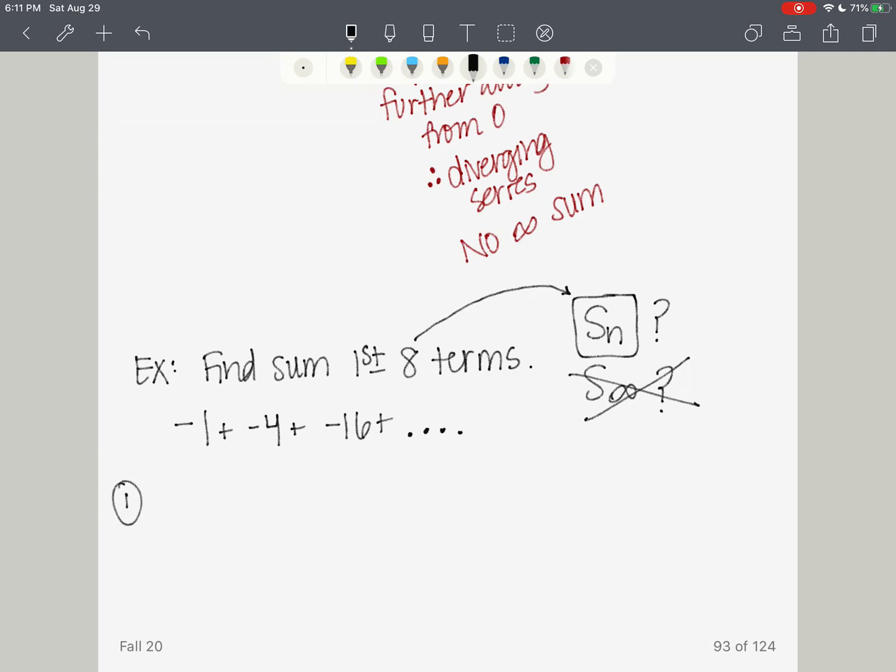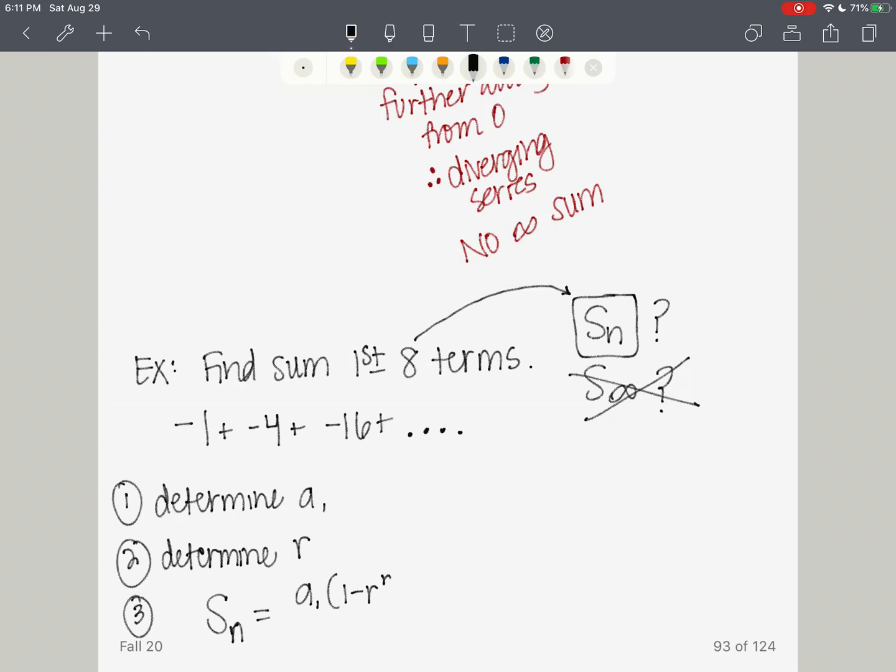So our first step is to determine a sub 1. Our second step is to determine the common ratio r. And then the third step is going to be to find the sum of the n terms by plugging our values into our formula.